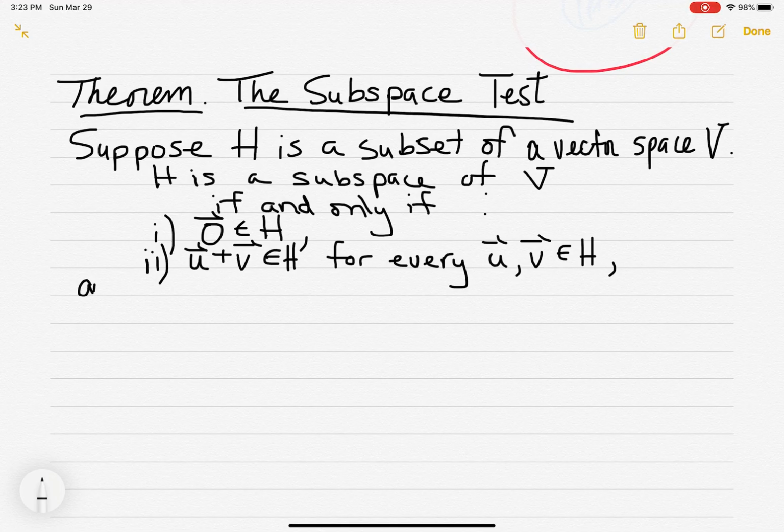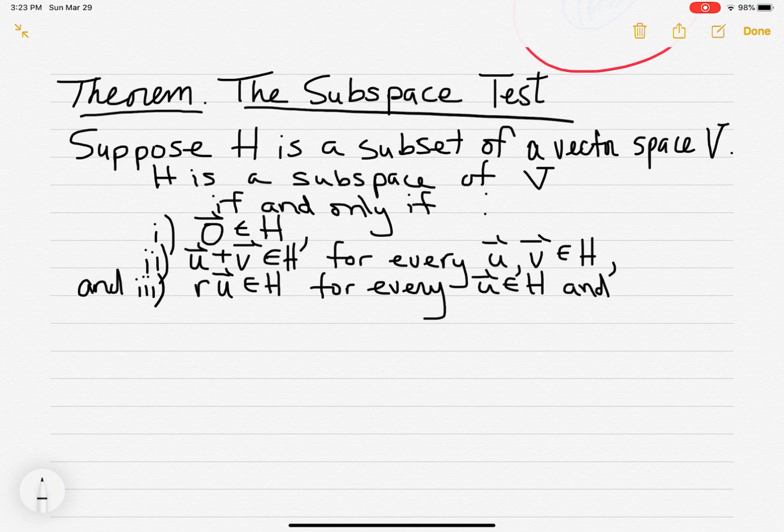And finally, number three, r times a vector u is in H for every vector u in H and every scalar r in the real numbers.